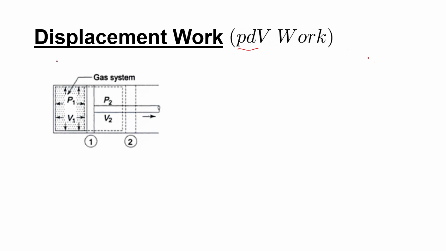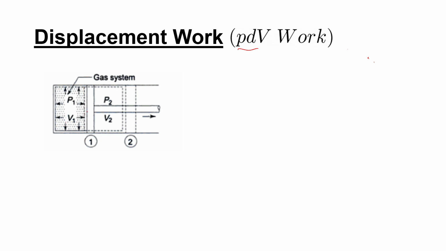Now we have the displacement work, or we will call it PdV work. So let us take a system here. You have the gas here. It has got a pressure P1, and you have the volume V1.